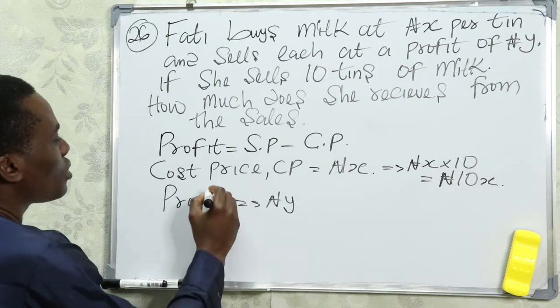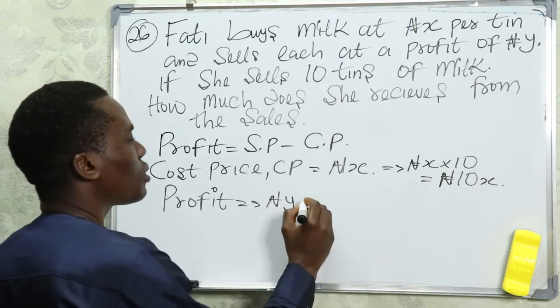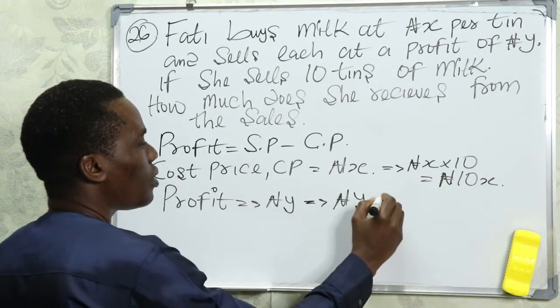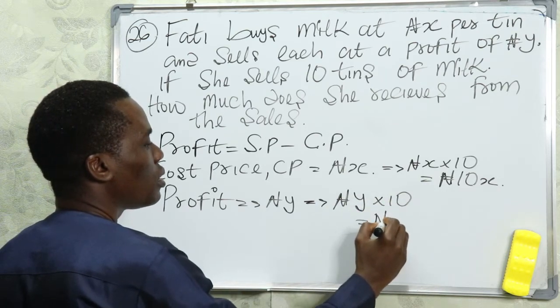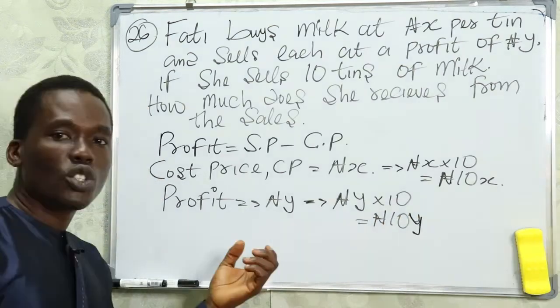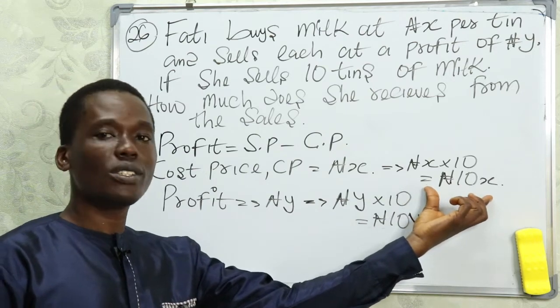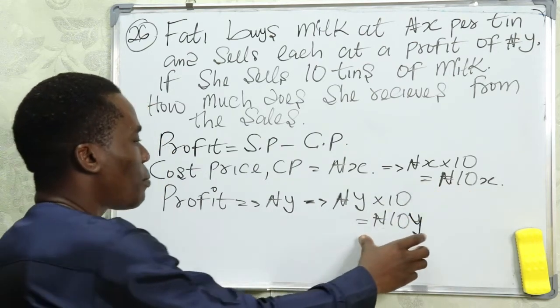Now if she sells each at a profit, Fatih must have made a profit of Y naira times 10, which is equal to 10y naira.